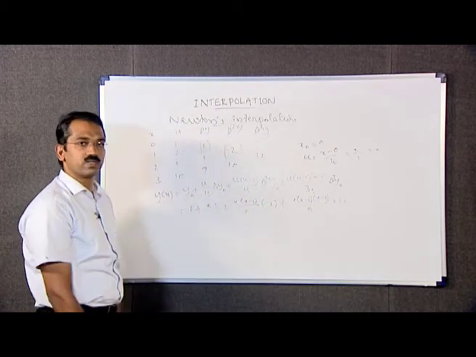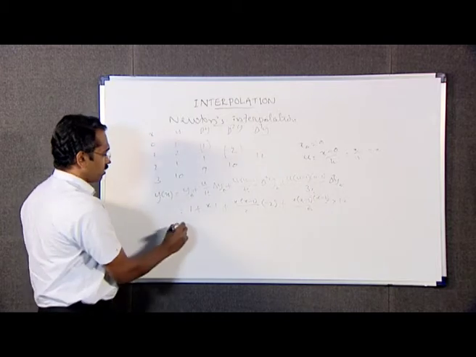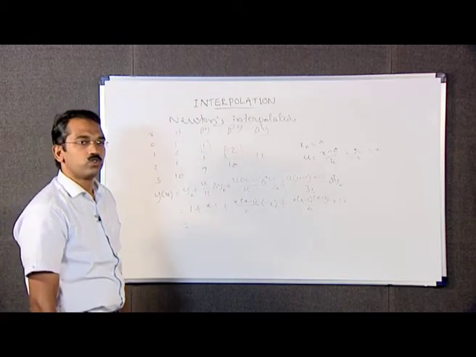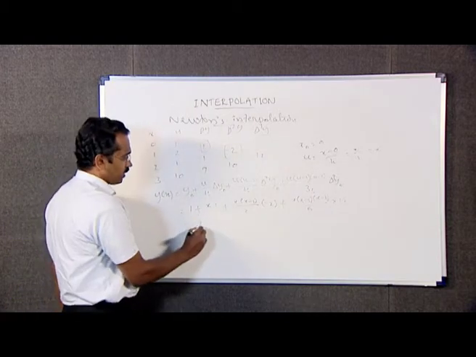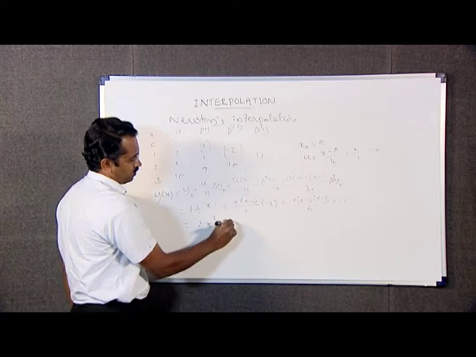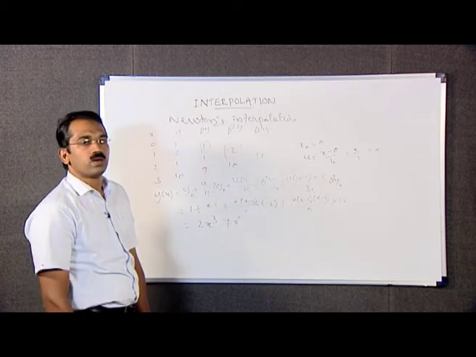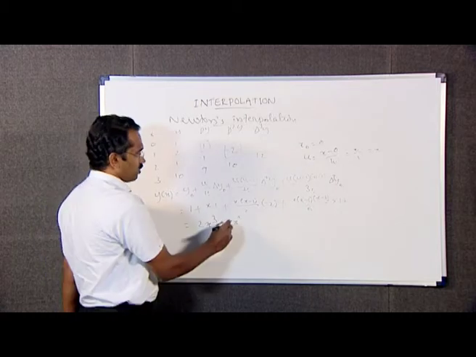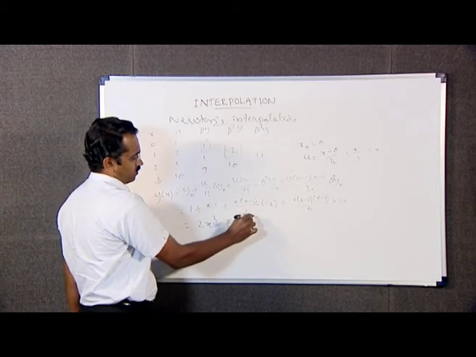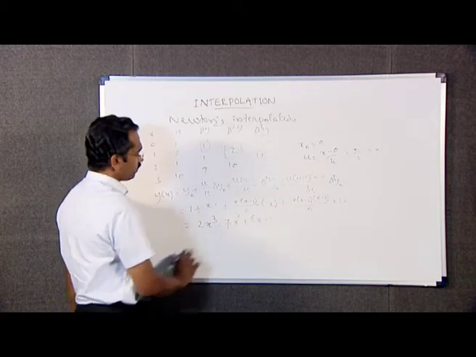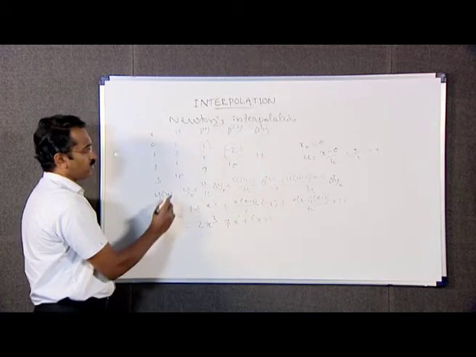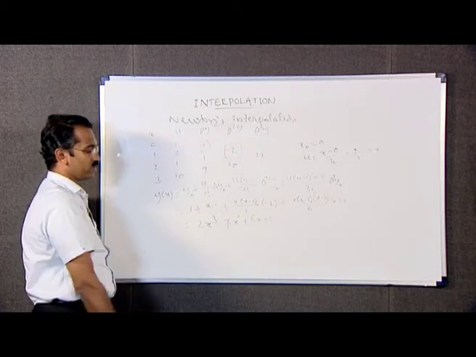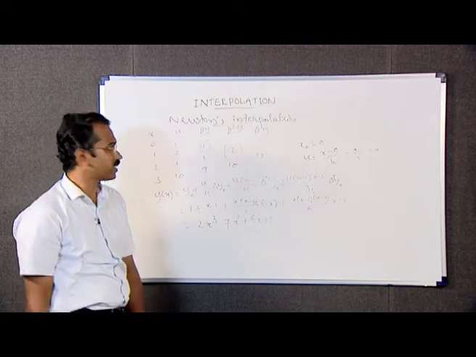On simplification, we get 2x cube minus 7x square plus 6x plus 1. This is the required polynomial, a cubic polynomial.